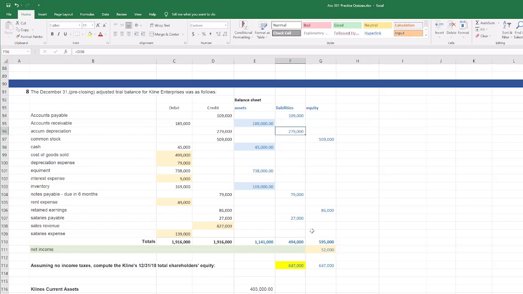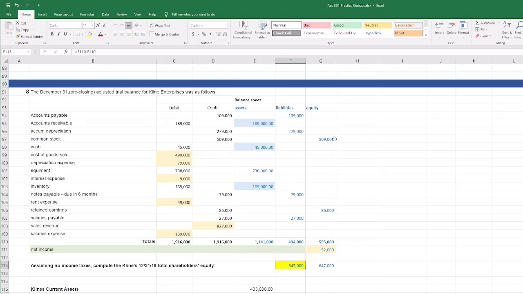All right, and then sales revenue. When I add all that up, that gives me $494,000. And when I subtract $1,141,000 from that, I get $647,000.